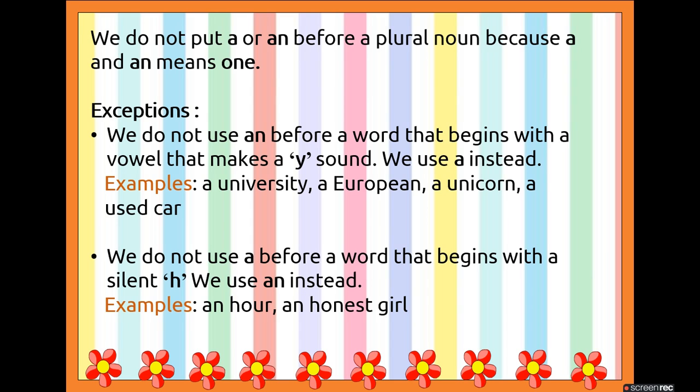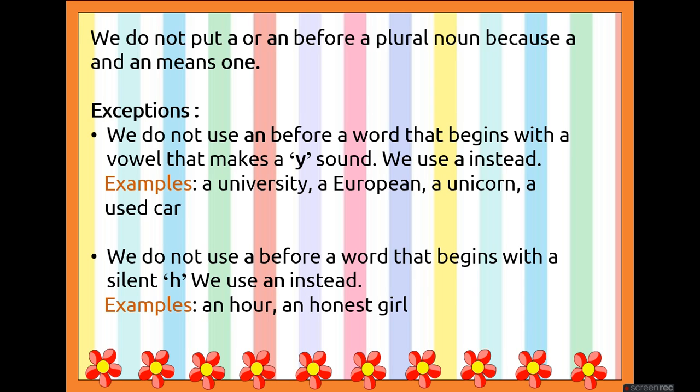So if we have the consonant sound in front, you have to change it. You have to say a university. The same goes for a European, a unicorn, a used car. You cannot use an before a word that begins with a vowel that makes a Y sound.